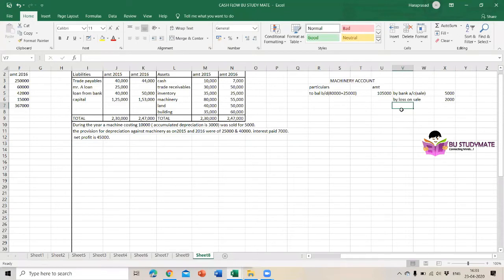Then again the provision for depreciation for the asset we have sold. This depreciation is based on the asset we have sold. The machine costing 10,000 had depreciation of 3,000 rupees. So we have to write that depreciation.